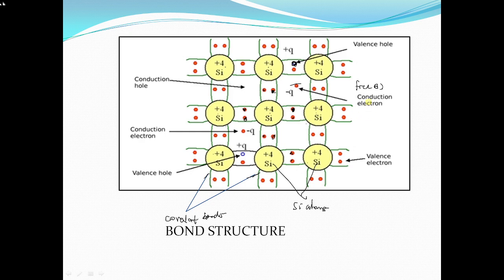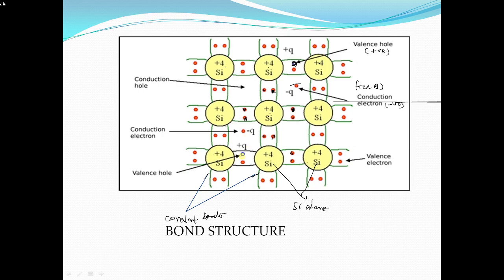So this conduction electron carries negative charge and this valency hole carries positive charge. The hole has positive charge and the electron has negative charge. See here, if one electron comes out, how many holes are formed? One hole is formed. If 2 electrons come out, 2 holes will be formed.